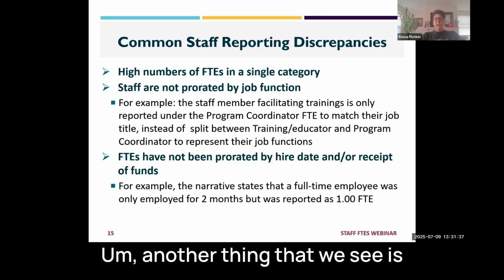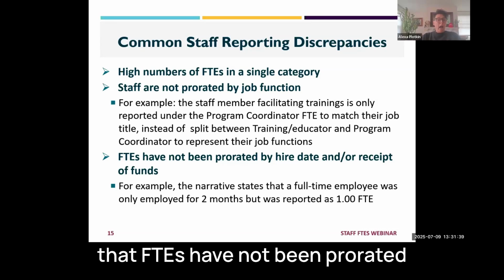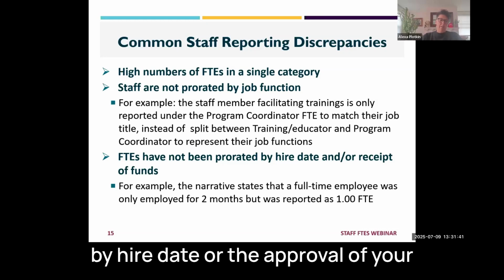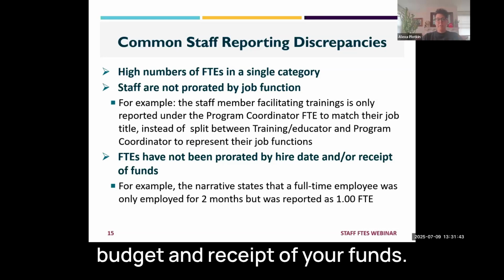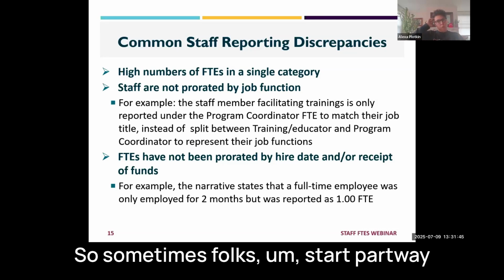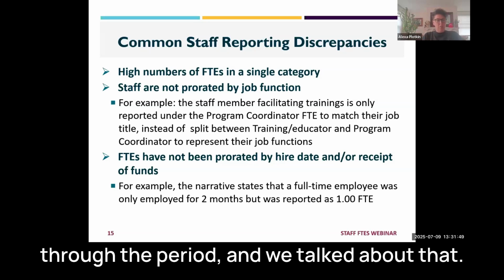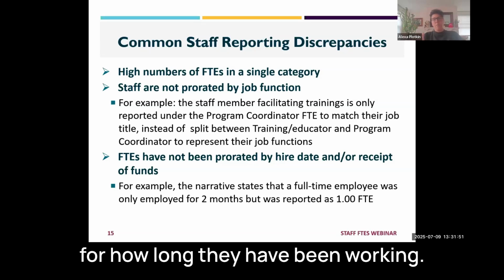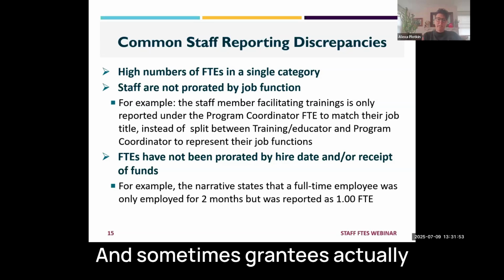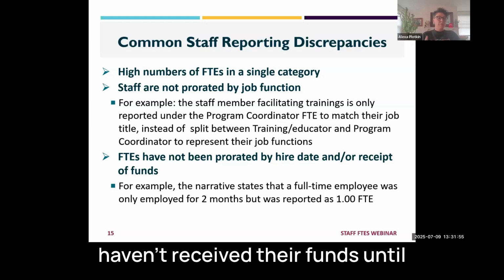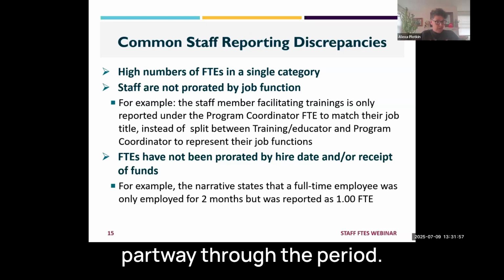Another thing that we see is that FTEs have not been prorated by hire date or the approval of your budget and receipt of your funds. So sometimes folks start partway through the period, and we talked about that, and so you would want to prorate them for how long they have been working. And sometimes grantees actually haven't received their funds until partway through the period.